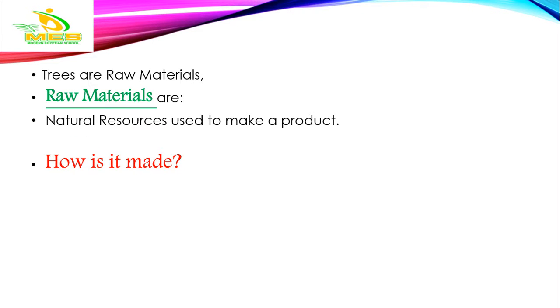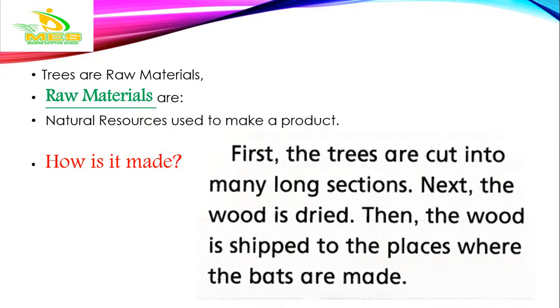Okay, the next question. How is it made? So now I know that the bat is coming from the raw material, the tree, or the natural resource, tree. Now, how is it made? Let's answer this question. First, the trees are cut into many long sections. Next, the wood is dried.